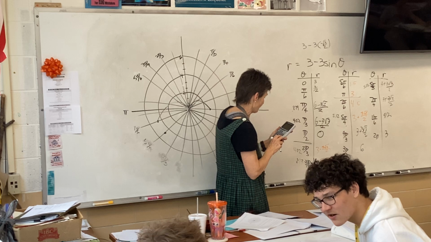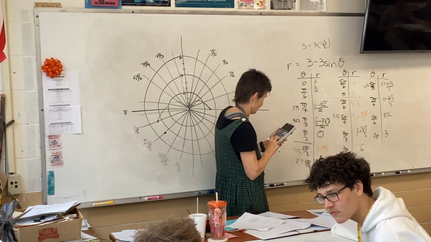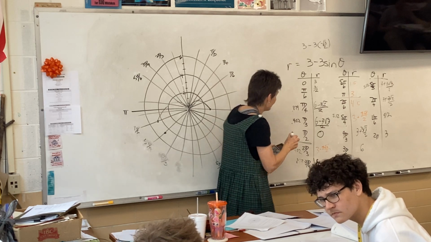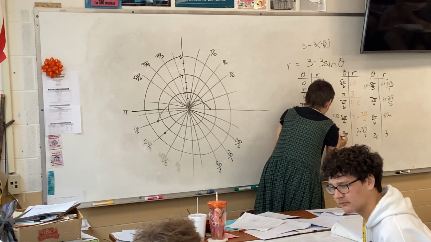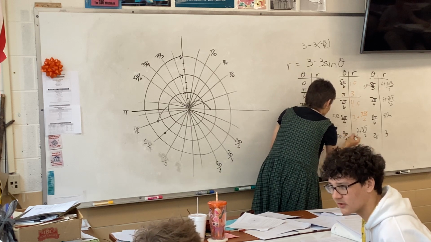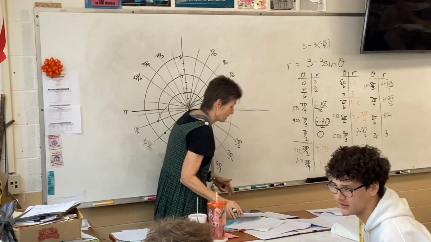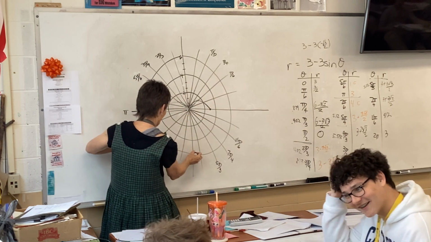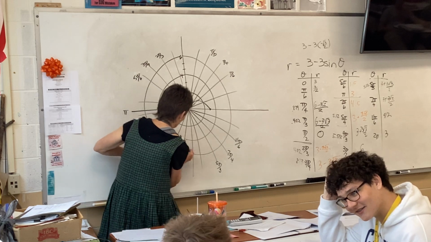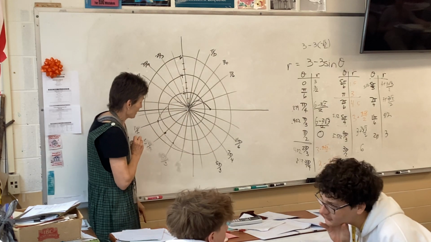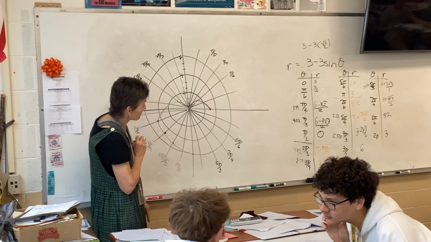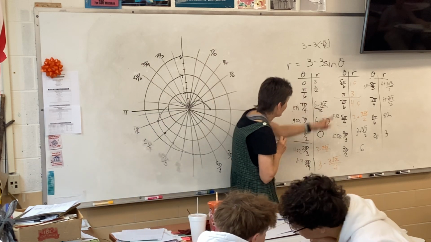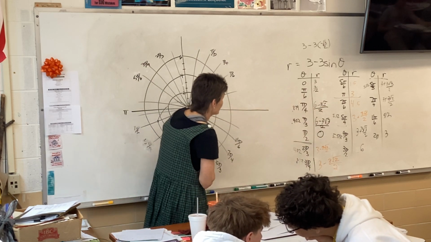It should be the same as the 5 over 3 one. No, I'm wrong. So it should be 5.598. And that one's 6. All right, so this one's a little bit bigger, and this one's all the way out to 6. There we go. Okay, that's better. All right, so now I'm ready for another 5 point.